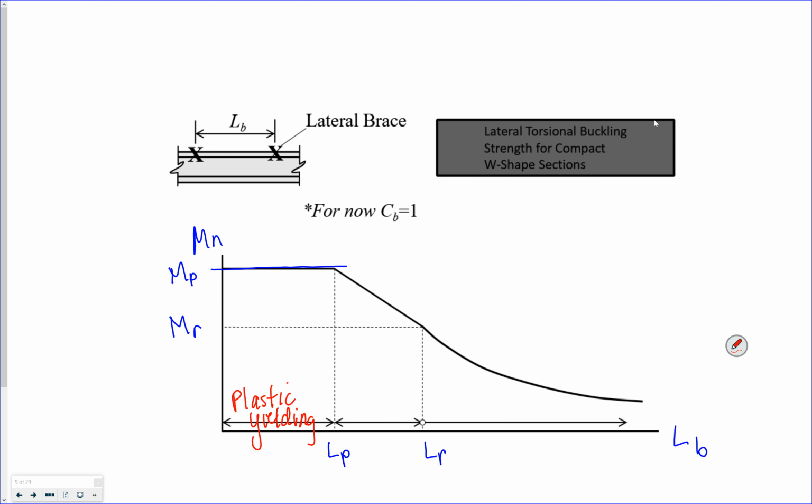If it's between LP and LR, I'm going to have inelastic lateral torsional buckling, meaning it can fail with yielding already beginning to occur within the cross section. And if I'm greater than LR, elastic lateral torsional buckling. Now this is what we made the other day when we were doing flexural theory.